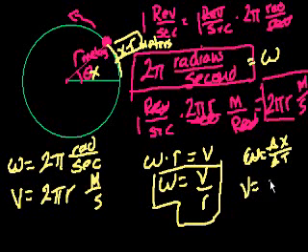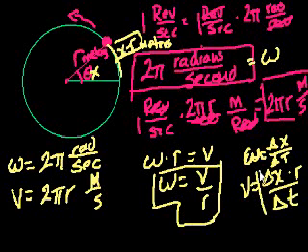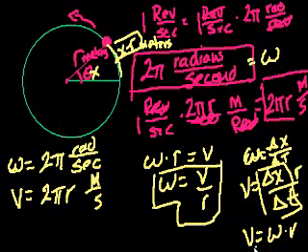Velocity is change in, the radius doesn't change, x times r divided by change in time. And we know, once again, that this is omega. So another way, we just showed again, that omega times the radius is equal to the velocity, or the angular velocity times the radius is equal to the velocity.